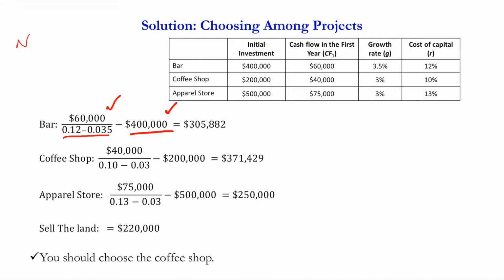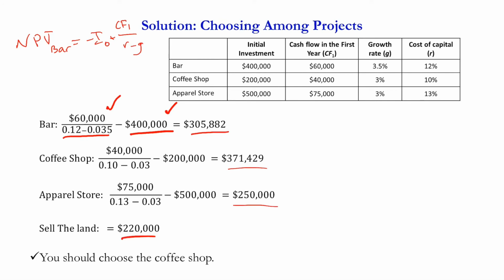So I use the formula that you just saw: NPV for each project is its initial investment plus the cash flow at the end of year one divided by R minus G, which is its cost of capital minus its growth rate. If I do that, I will end up with these numbers, which are the NPVs for each of these projects.